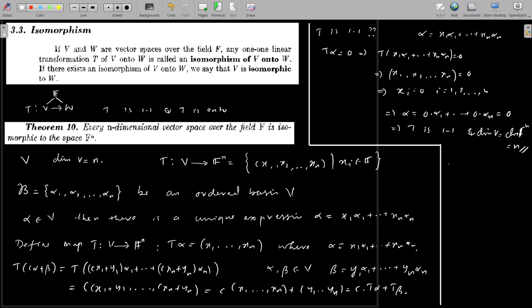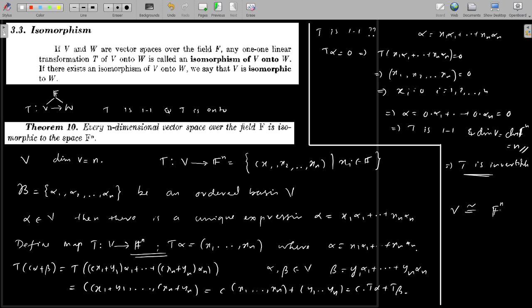So this implies T is invertible using the previous theorem, theorem 9. That means T is 1-1, T is onto, and T is a linear transformation. Then this T establishes an isomorphism from V onto Fn. So this shows that V is isomorphic to this Fn.